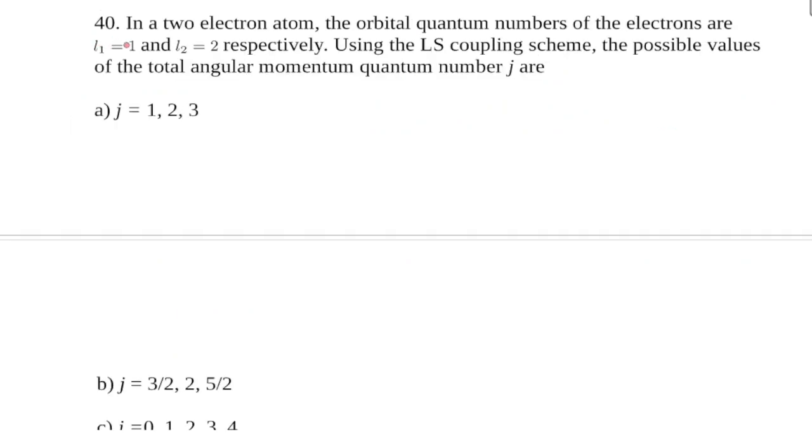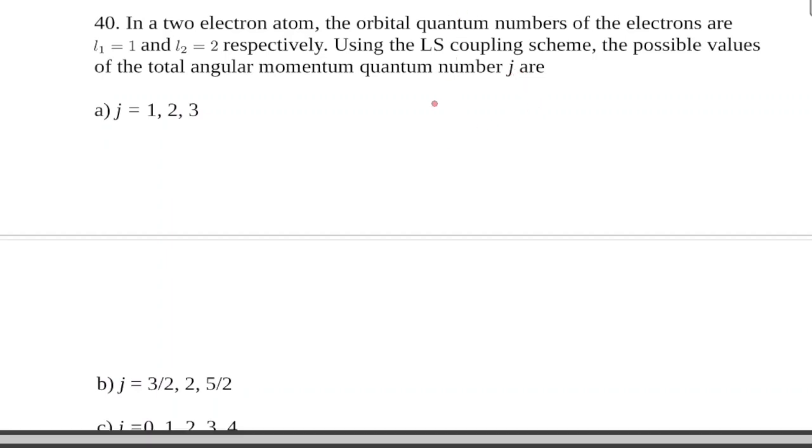Next, question number 40. In a two electron atom, the orbital quantum numbers of the electrons are L1 equals 1, L2 equals 2 respectively. Using the LS coupling scheme, the possible values of the total angular momentum quantum number J are. Okay.